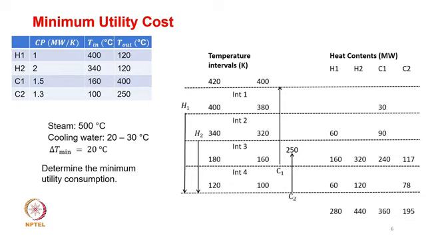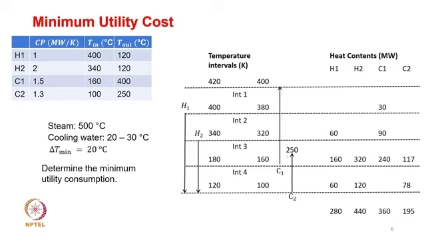We learned this procedure when we did the pinch design, and here we also show the type of pairing. H1 comes in at 400 and goes out at 120, and H2 comes in at 340 and goes out at 120.